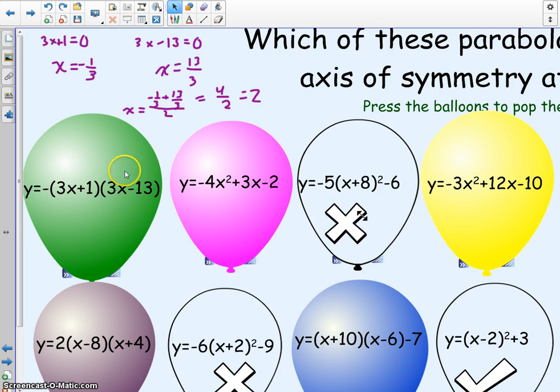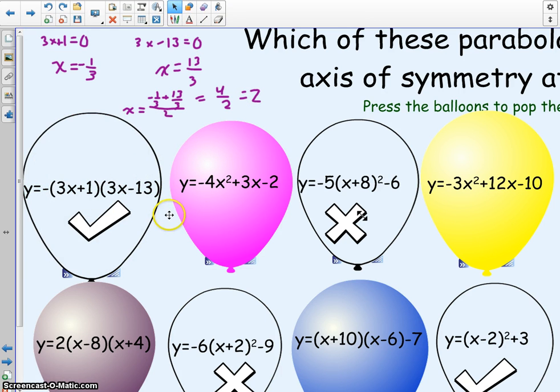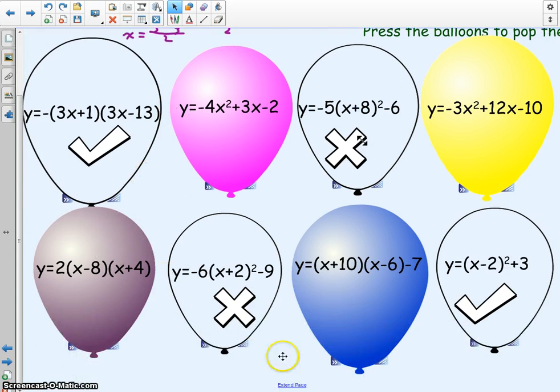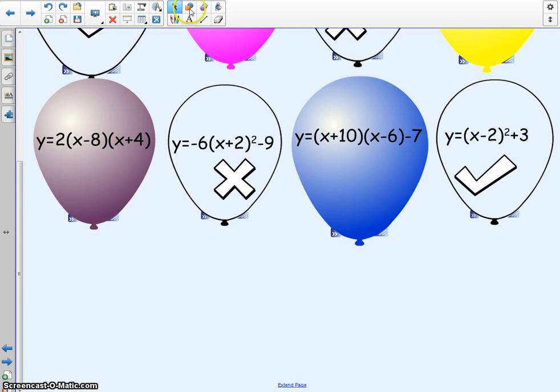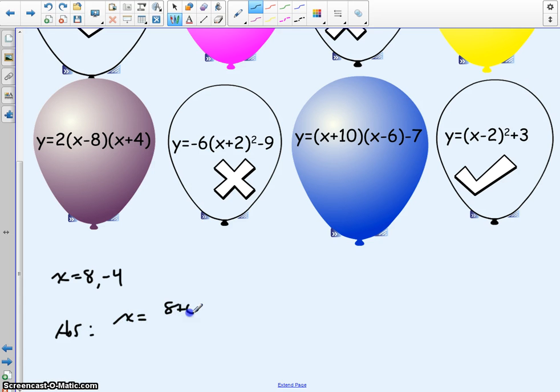So this one gives you an axis of symmetry of 2. Down here, same idea. Your x-intercepts in this case are going to be 8 and negative 4. So for your axis, you go 8 plus negative 4 all over 2, and that gives me 2 as well.